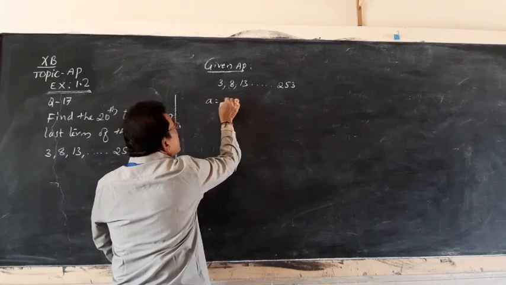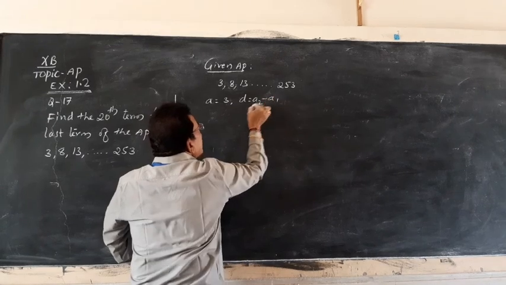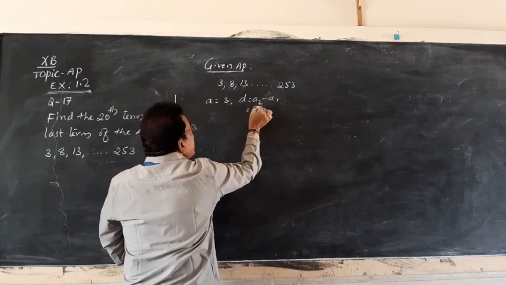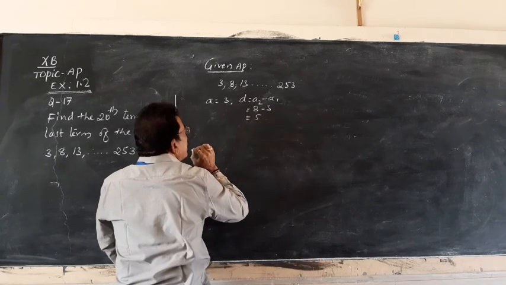A equals 3, D equals A2 minus A1, that is 8 minus 3, which equals 5.